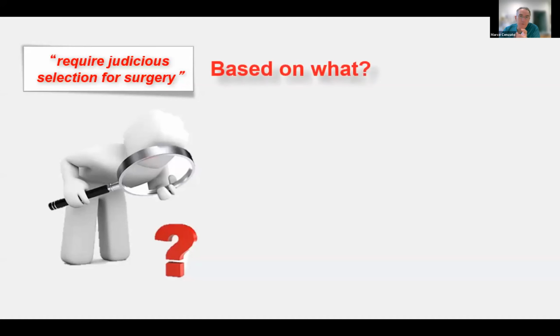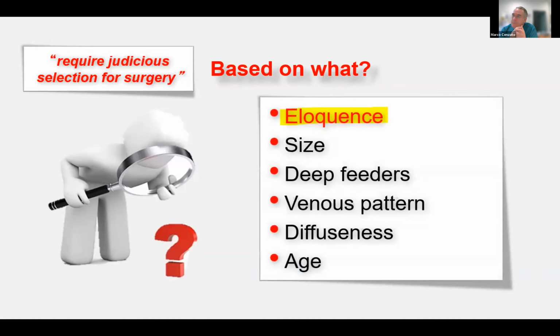But of course, surgery requires judicious selection, and it's based on what? Of course, and I think we all agree, eloquence is the main problem.